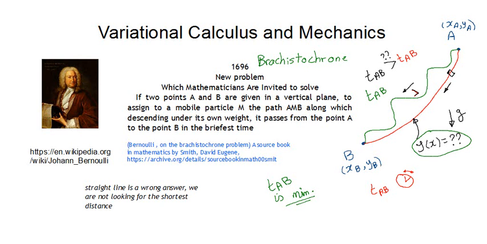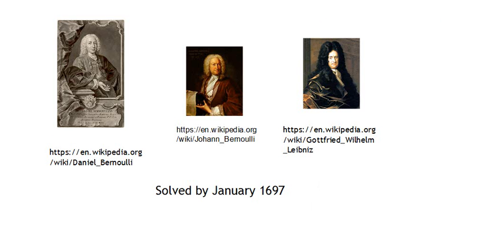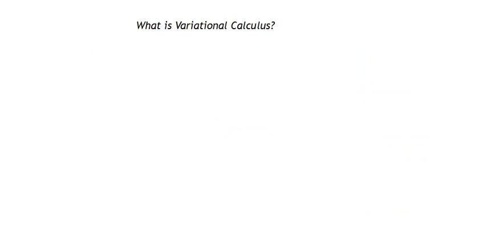Chrone stands for time, and Brachisto stands for the fastest. Both are Greek words. So I would like to give more explanation about the Brachistochrone problem, how to tackle this problem or how to describe the problem.